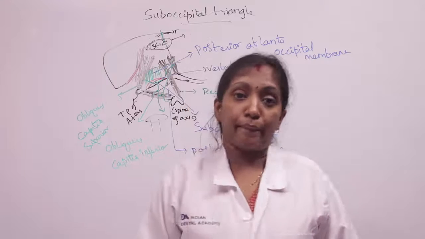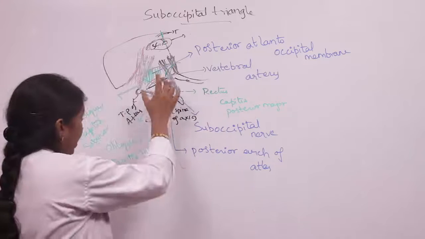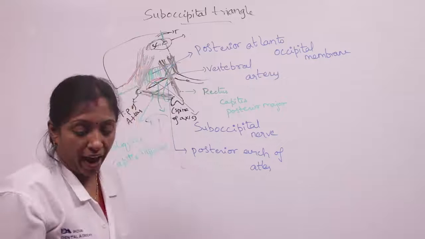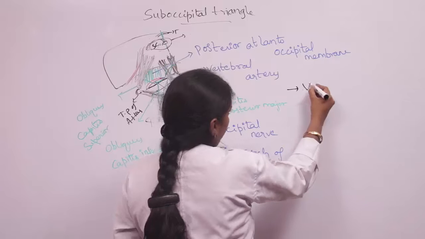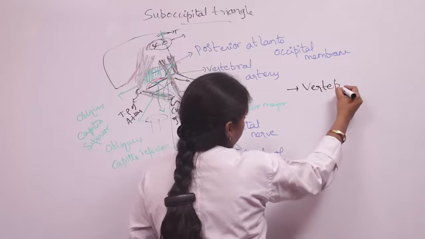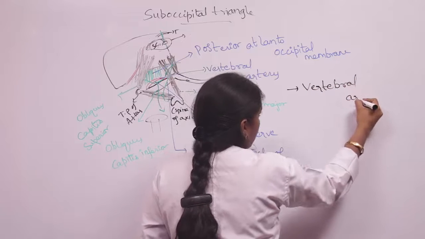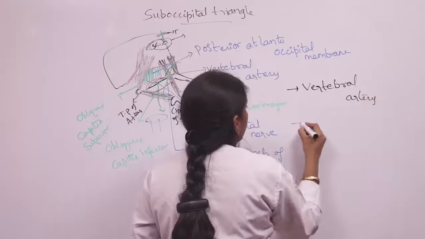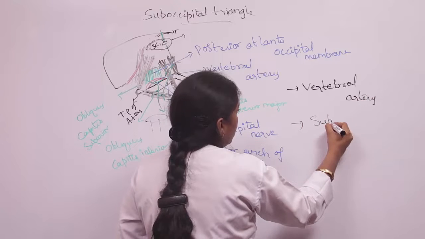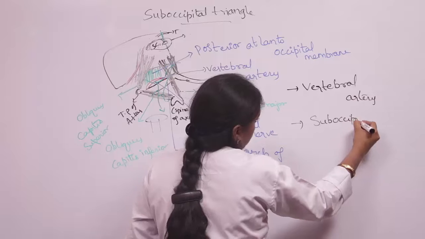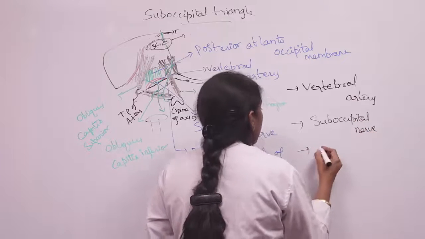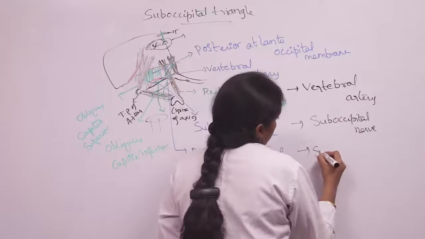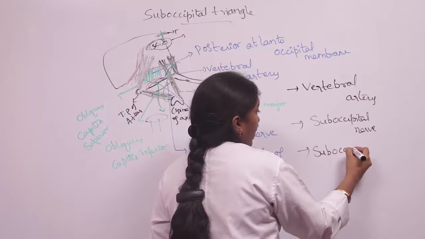Okay, and coming to the contents of the suboccipital triangle. Contents of the suboccipital triangle, we have vertebral artery, suboccipital nerve, and suboccipital plexus of veins.